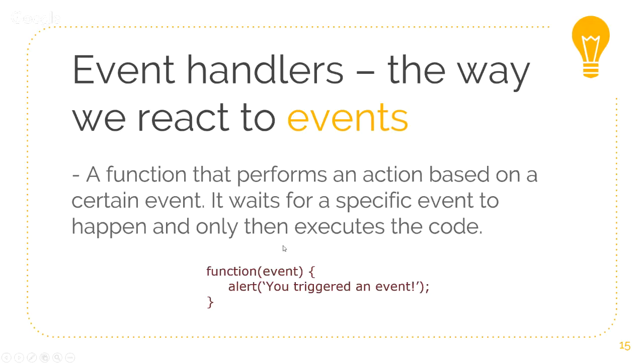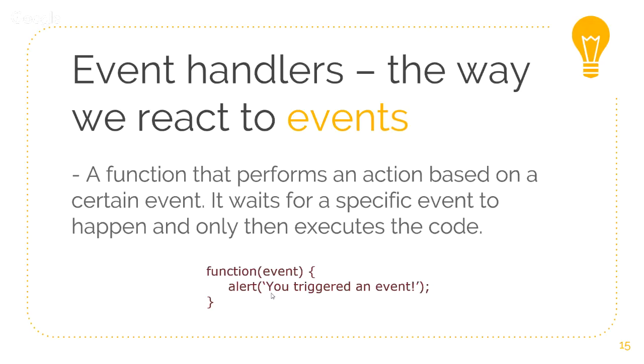Here, this function, this event handler, just sends an alert to the user that he has triggered an event. So it's not too useful in any way, but it's just a small example of what an event handler is. You should just remember that it's just a function that performs an action based on a certain event.